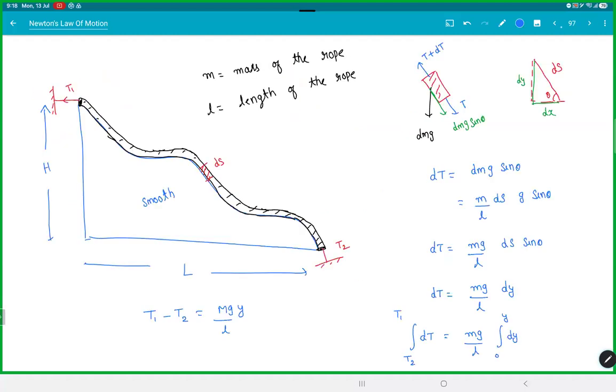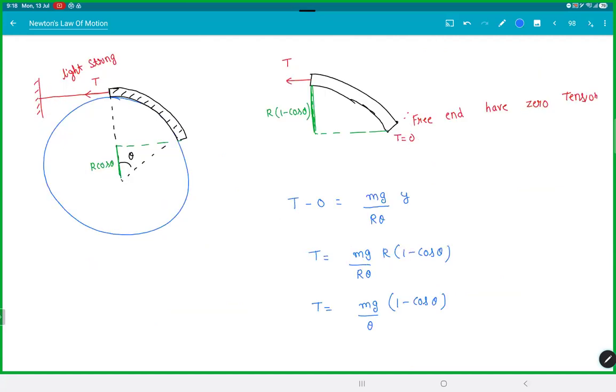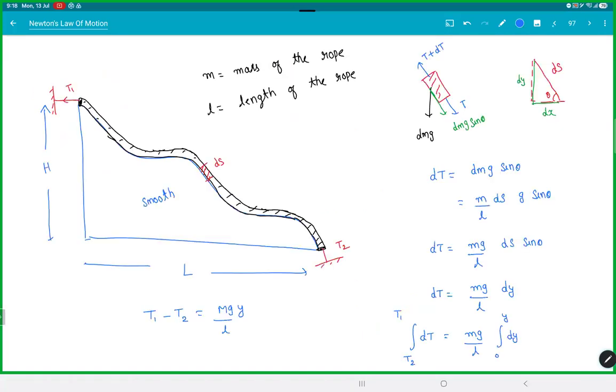How do we solve this? The same way: you take a small ds and you play this game every time. I showed you for a random amoeba-shaped rope. So if it is valid for this, it's valid for any shape. Is this clear, everyone? That's a good technique. So basically when you're hanging anything or something is lying on an incline also, you have to be careful. This has to be smooth.